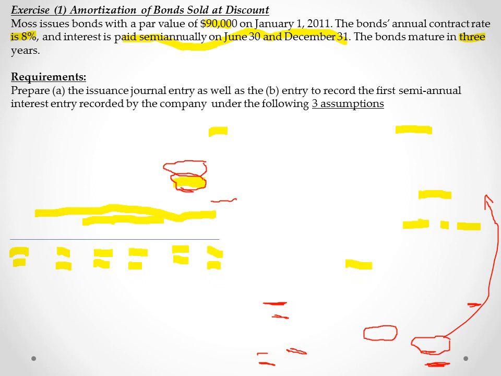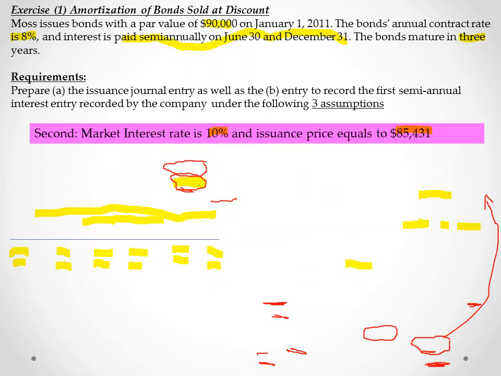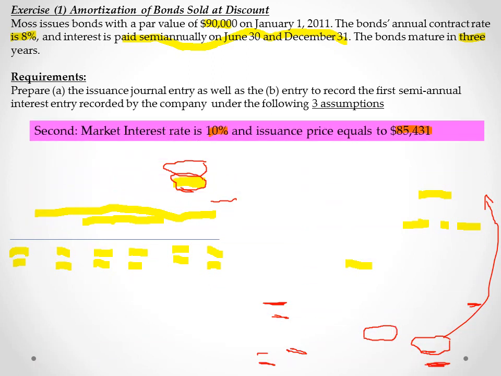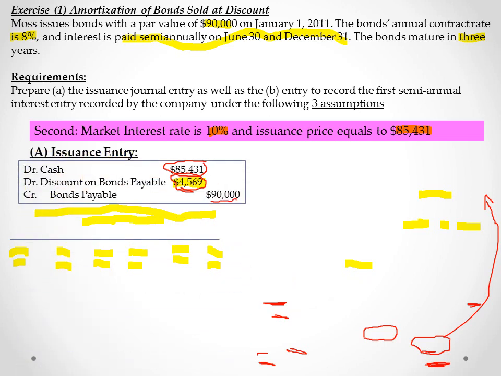You need to do those two entries under the following assumption: the market interest rate is 10% and the issuance price is $85,431.